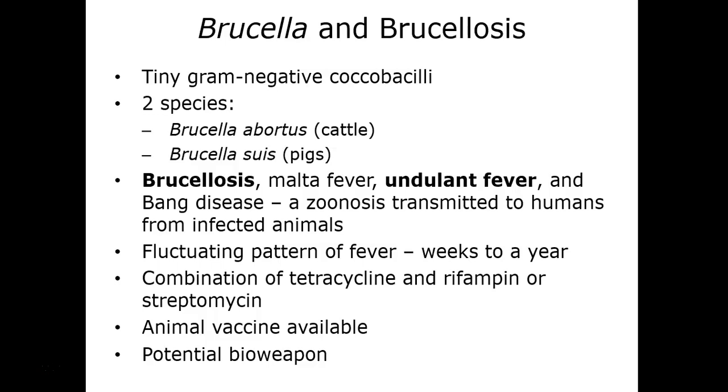And undulant fever means that you get this fluctuating pattern of fever over the course of several weeks to years. This is a zoonotic infection, again, that it is commonly found in animals such as cattle, pigs, dogs, and goats.